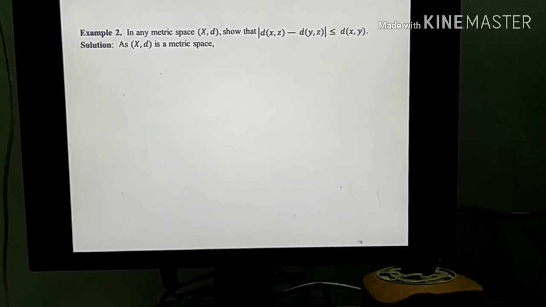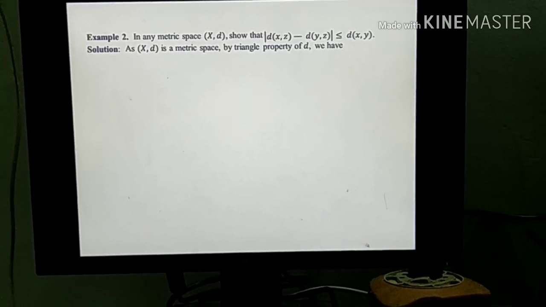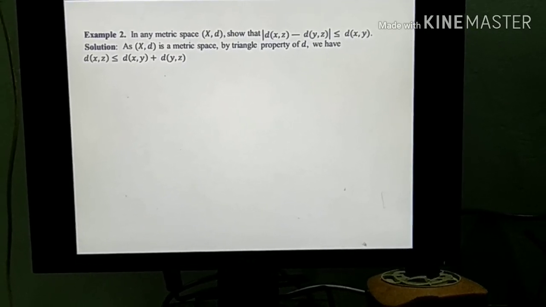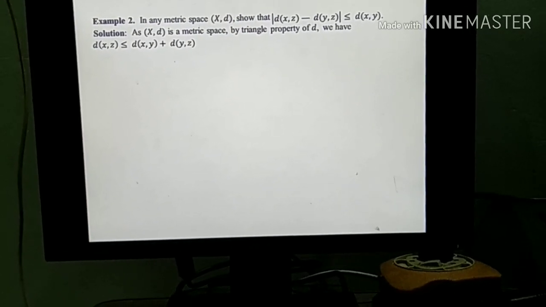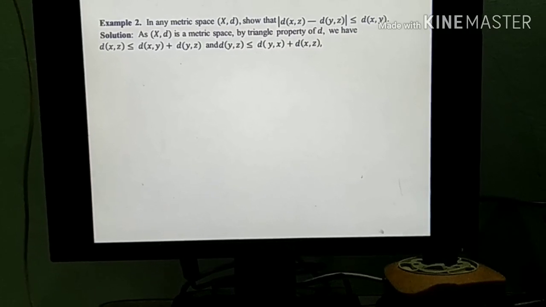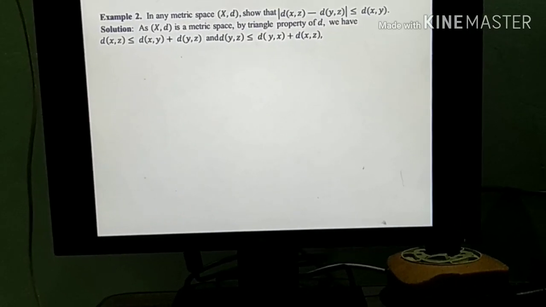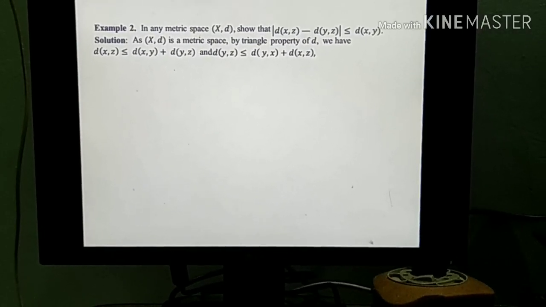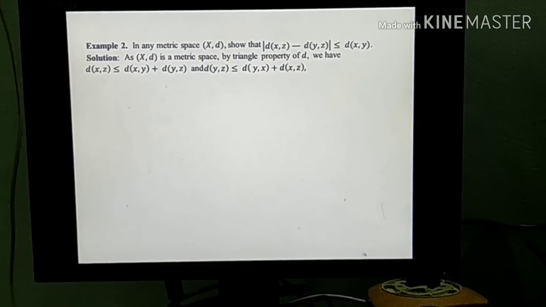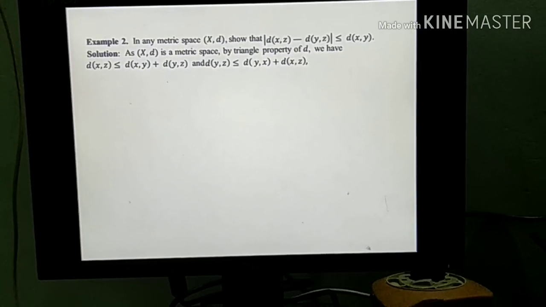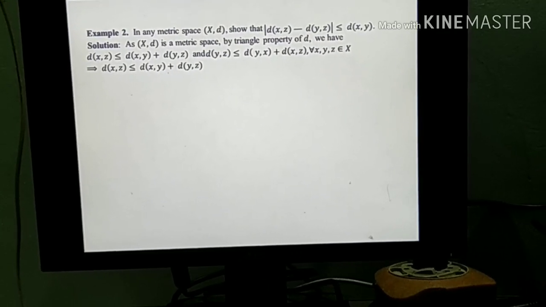As (X,d) is a metric space, for x, y, z belonging to X, we can say that d(x,z) is less than or equal to d(x,y) plus d(y,z), and also d(y,z) is less than or equal to d(y,x) plus d(x,z). Here d(x,z) less equal d(x,y) plus d(y,z) can be modified as d(x,z) minus d(y,z) less than or equal to d(x,y).